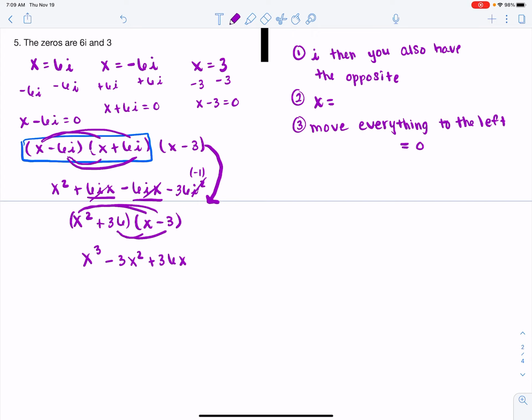Give me a second. Let me make sure I don't get that wrong. 108. So negative 108. All right. Now, I don't have any like terms, so this is the polynomial. That would give me 0, 6i, and 3. That's it.